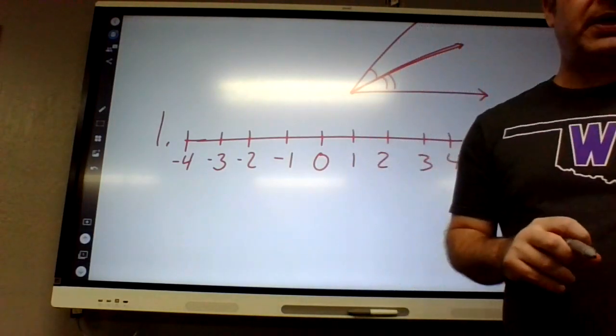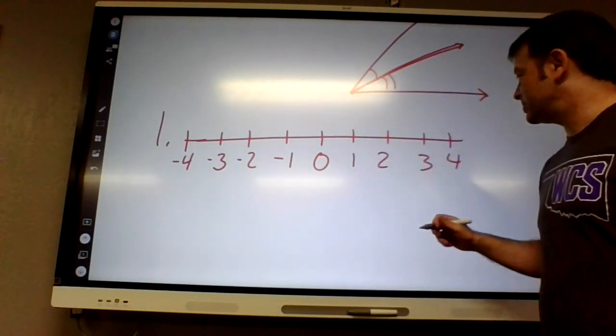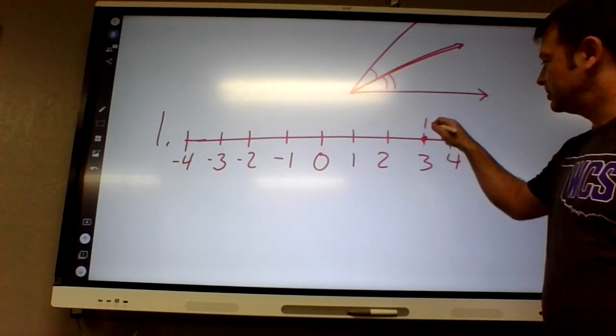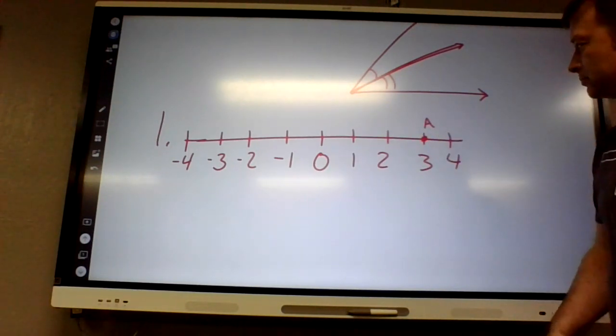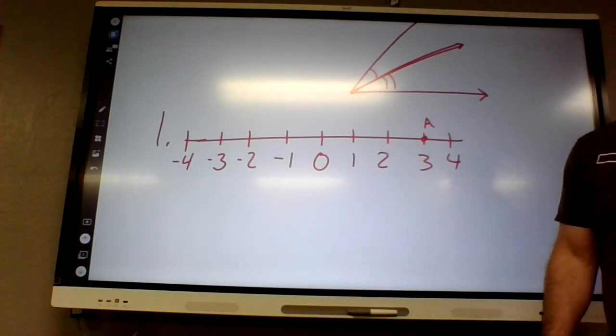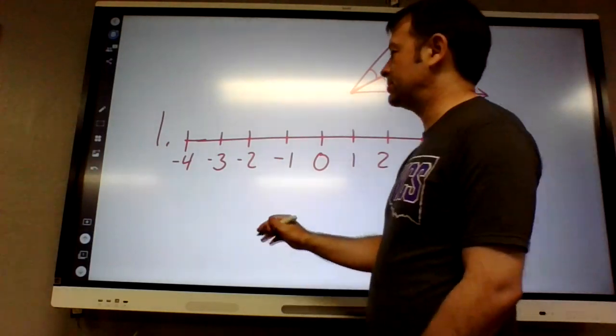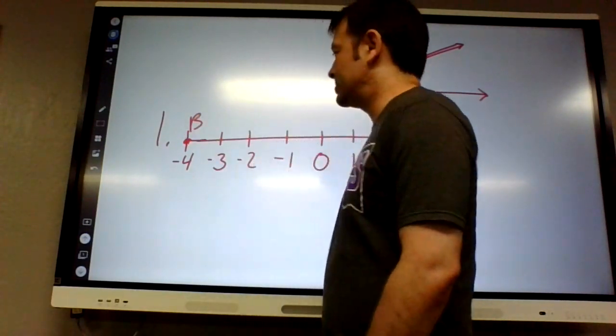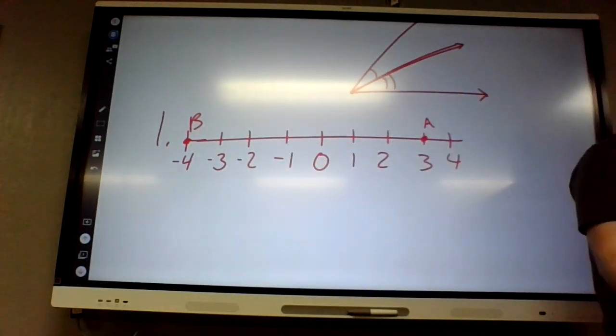Okay, what do they mean by graph? A is 3. Put a dot at 3. Label it A. B is negative 4. So these are not trick questions. But where is C? That is the question.